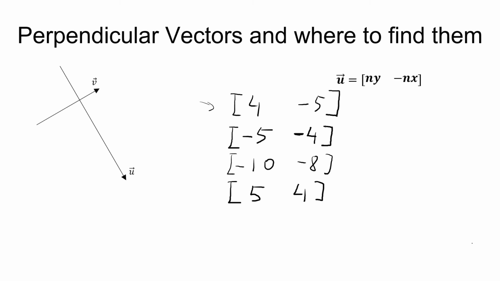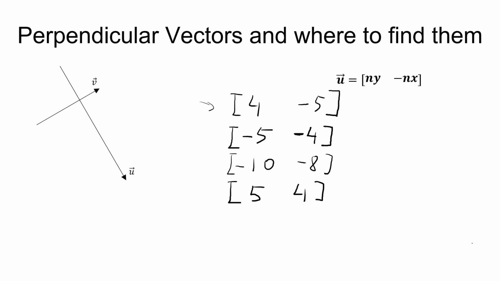So now ny is minus y, so minus y is negative 5, and double negatives produce a plus, so we have 5, and then we have 4.